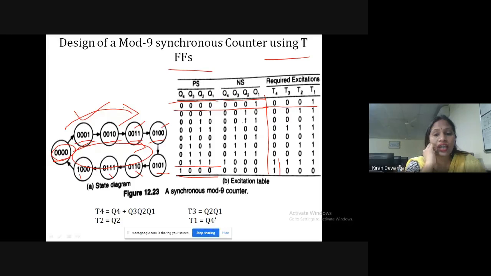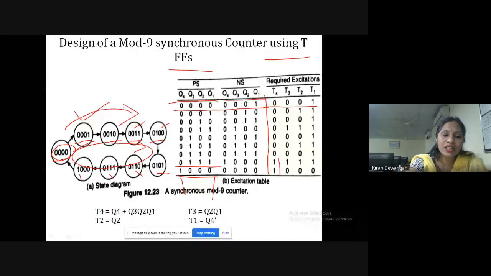Now here again we need to take one important thing in consideration, that we are not taking other combinations of 4 bit. हम उन 4 bit के combinations को consider ही नहीं कर रहे हैं. So in that case those will be again taken as don't care. उसको भी आपको लेके चलना है. And then only we will be getting the final expressions.